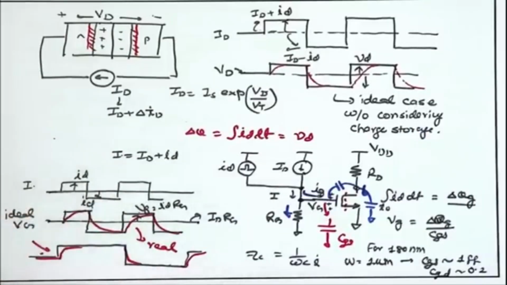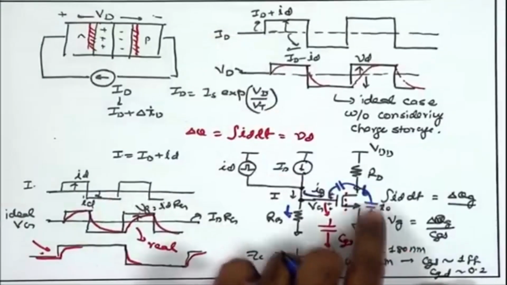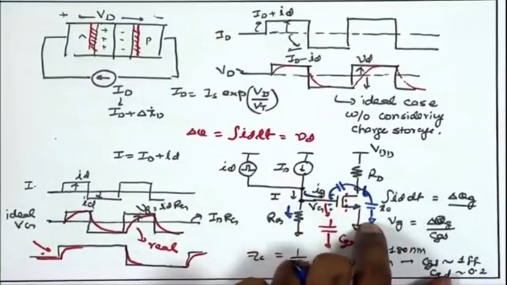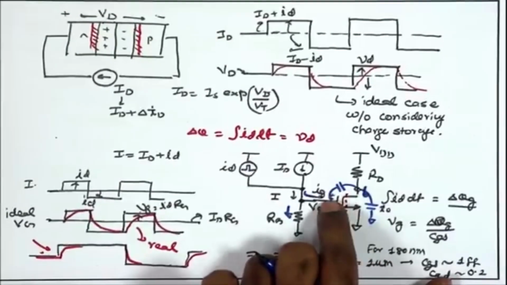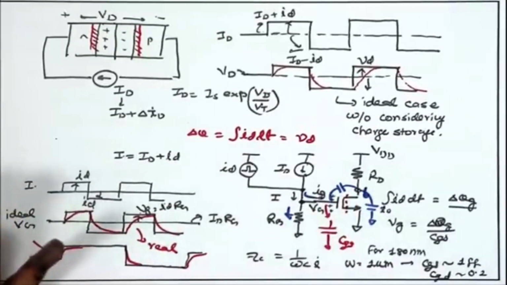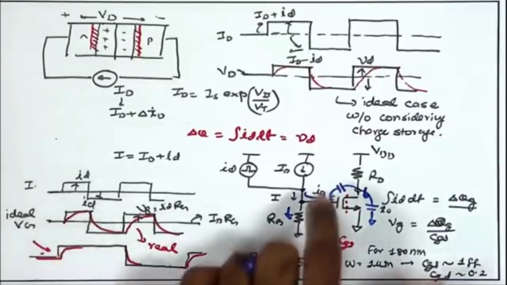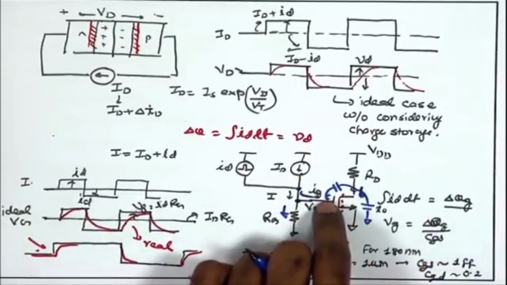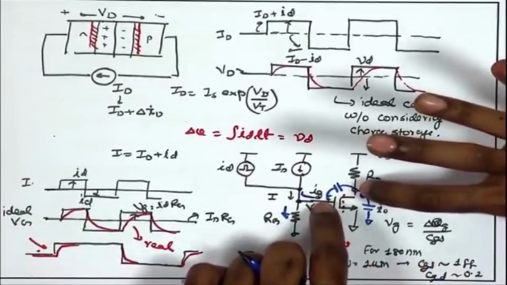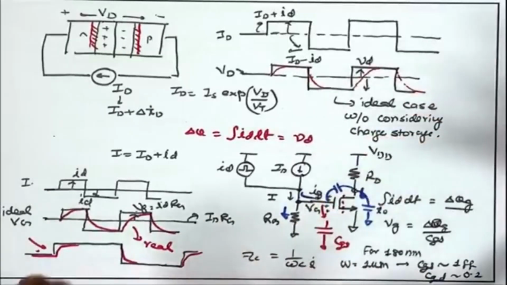So, effectively if I assume that the overlap length is 0, we are not going to have any CGD, and therefore, in this small signal model, if I look at the capacitance coming between the drain and the gate, that will be absent. So, that does not violate my charge conservation in any manner. Only thing is you do not have a charge storage associated with the change in drain to gate voltage.